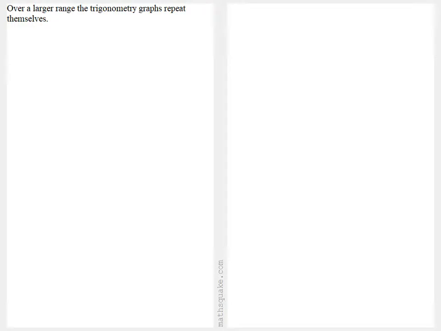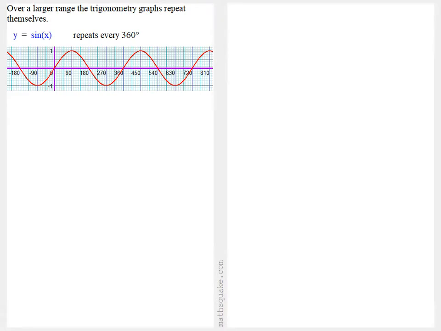Now finally, in each of the trigonometry graphs we've seen that they repeat themselves, so if we draw an extended version, in this case going from about minus 180 up to 810 degrees, we can see for y equals sine of x, it repeats every 360 degrees.